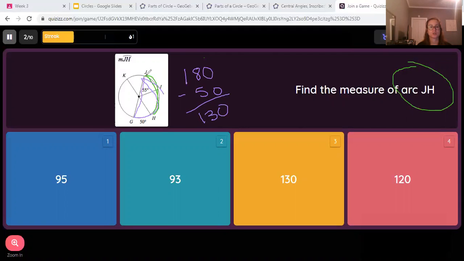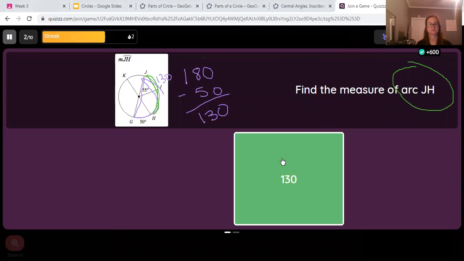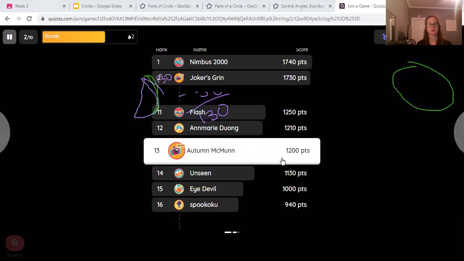And it wants arc JH. So if this part was 130 plus this 50 down here, then that will give us the 180 we need for our semicircle. So our answer should be 130. All right.